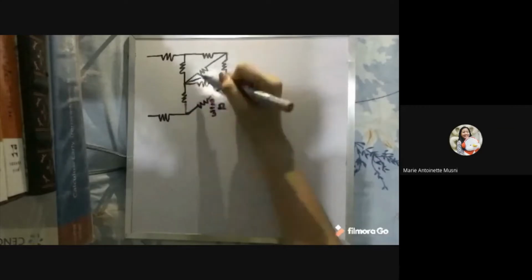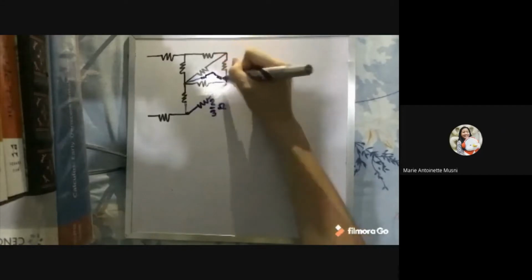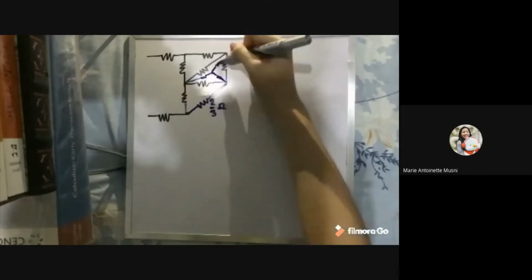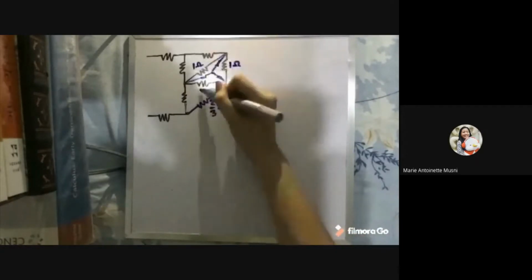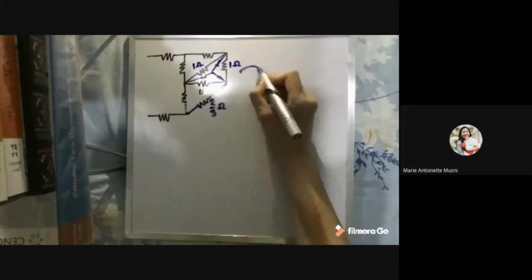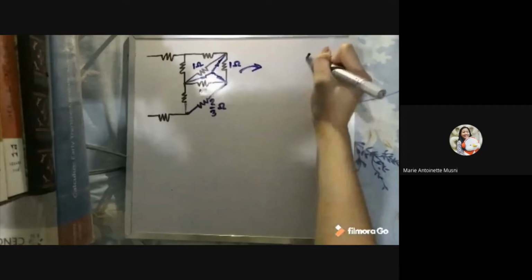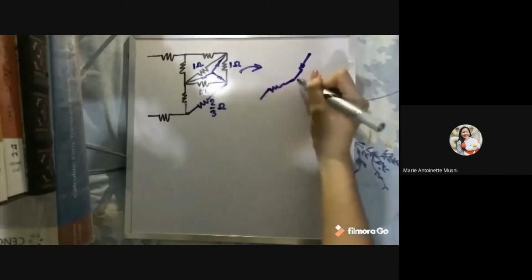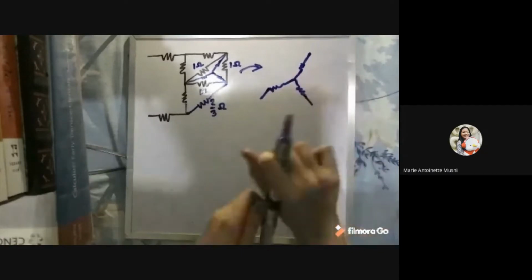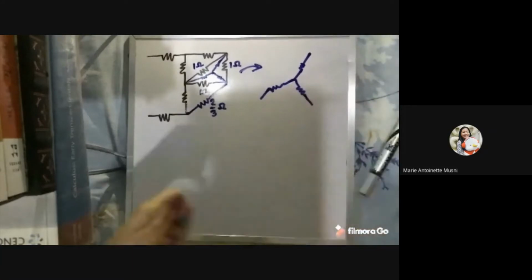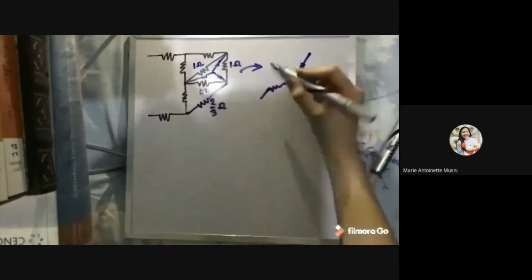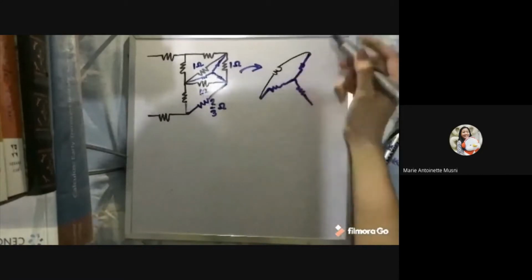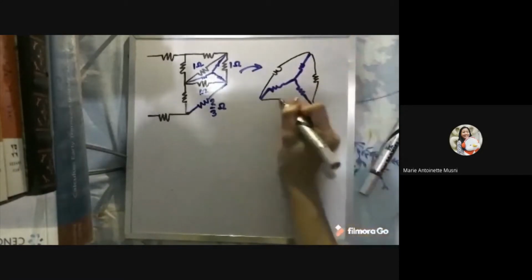So let's just redraw our transformed Y connection here. These are all 1 ohm in value. So we have the new transformed Y connection there, and the previous delta connection of all 1 ohms around it, just so that we can follow through our solutions.